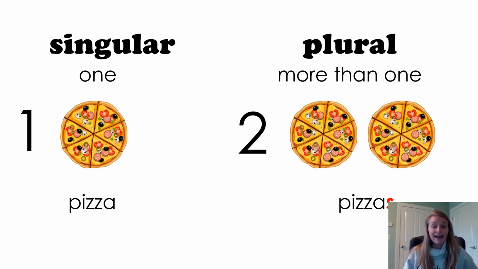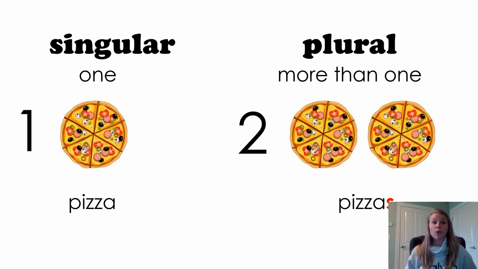We can't say, I would like two pizza. That doesn't make sense. When we have more than one of something in English, we add an S to the last word. So I would say, I would like to have two pizzas. Did you hear that? I added an S at the end of the word pizza. I'm not saying pizza. I'm saying pizzas. You try that with me.